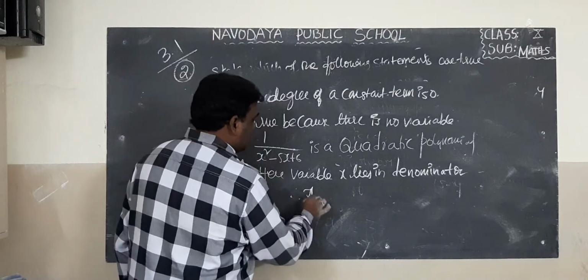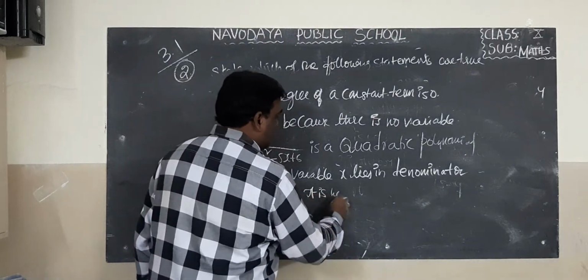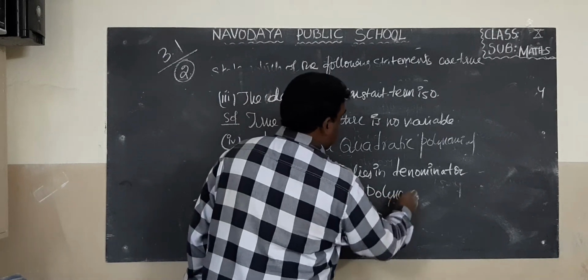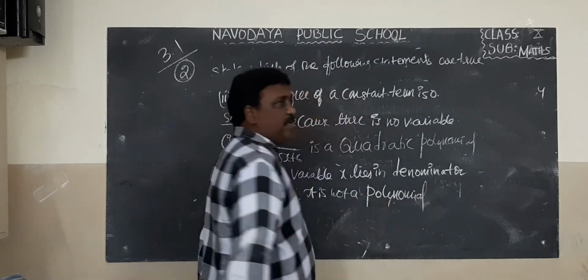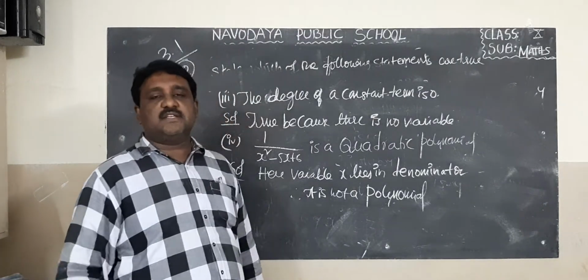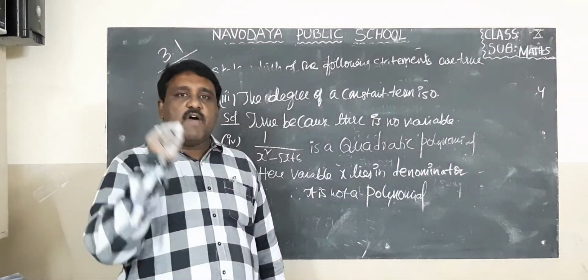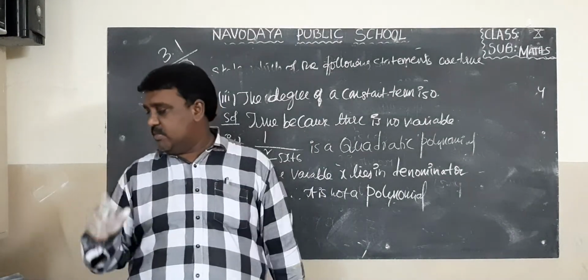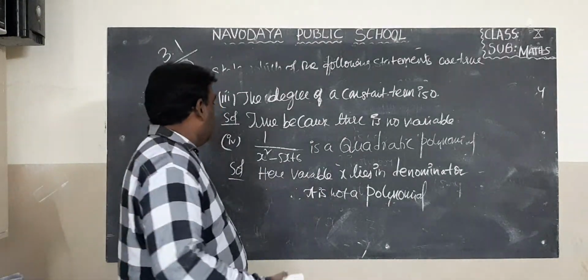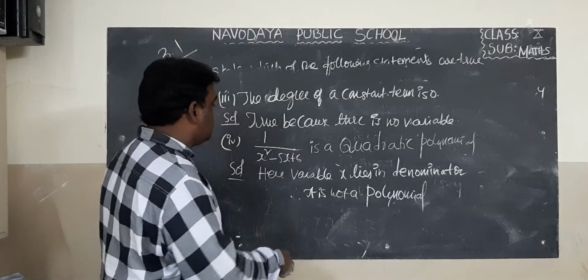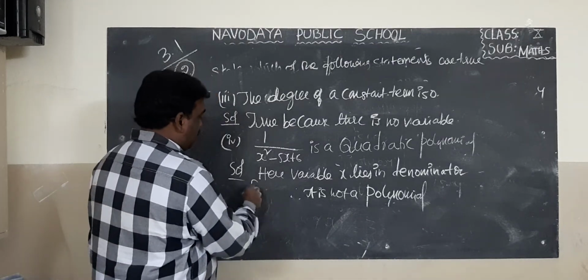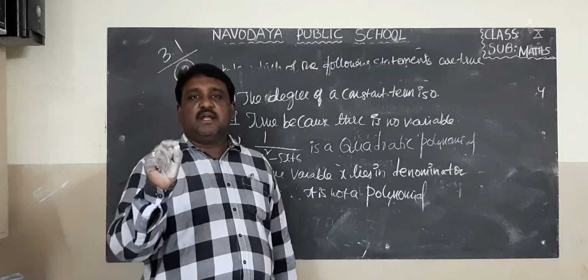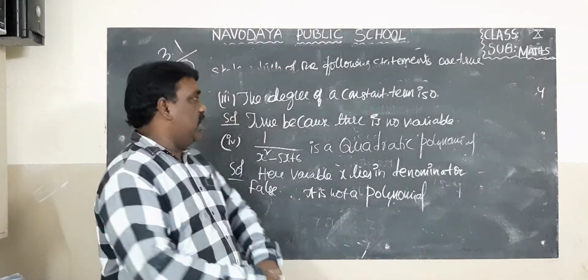Therefore, it is not a polynomial. So true or false? It is false. Fourth one is false because variable lying in the denominator is not a polynomial.